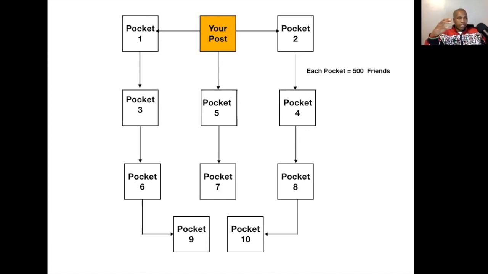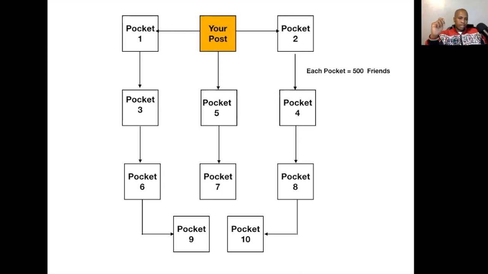Let's say each pocket means 500 friends. Obviously, it isn't 500 in each pocket, because Facebook breaks it down into smaller bits of about 20 per pocket, but to keep the numbers easy to count, we will use a round number of 500. Now, let's say you make a post and Facebook shows it to the first pocket.